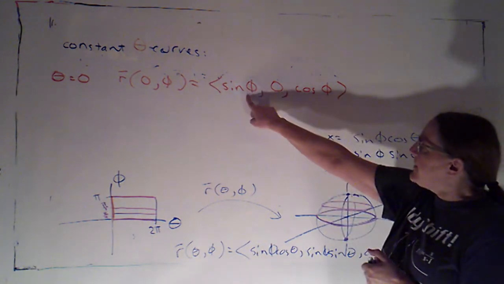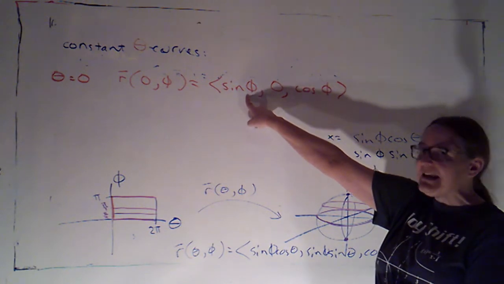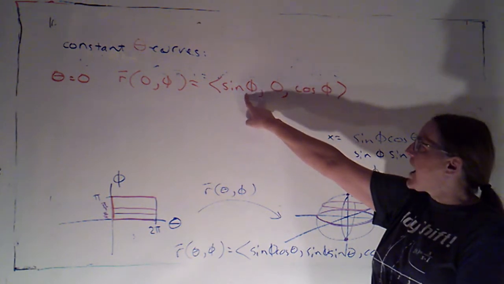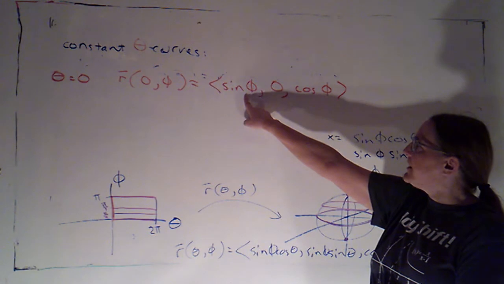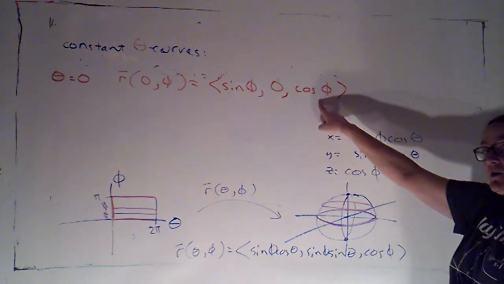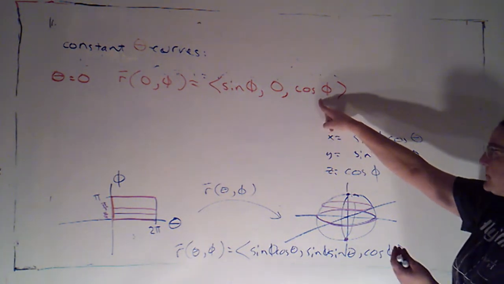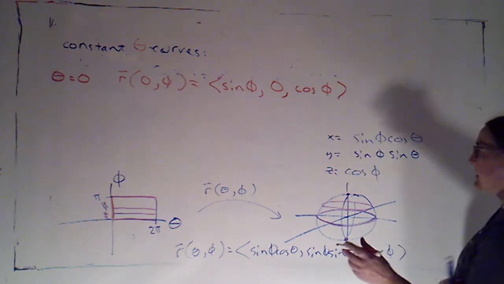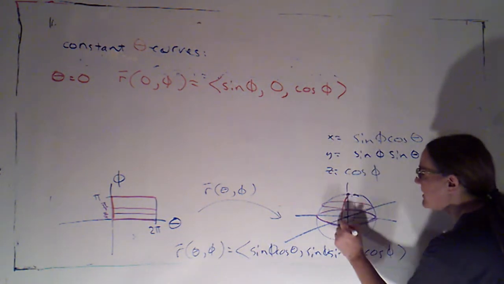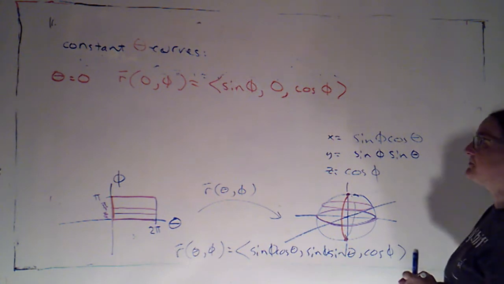So if phi is only between 0 and pi, sine of phi has to be non-negative. So sine of phi is going to vary between just 0 and 1, whereas cosine phi, which is my z value, varies between 1 and -1. So what's going to happen here is I'm getting just the front half of this circle right here.